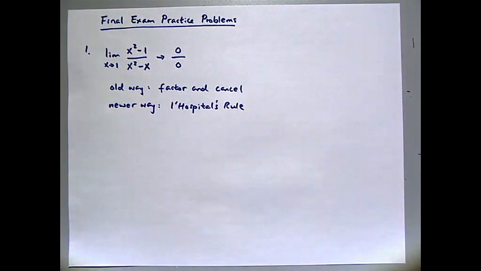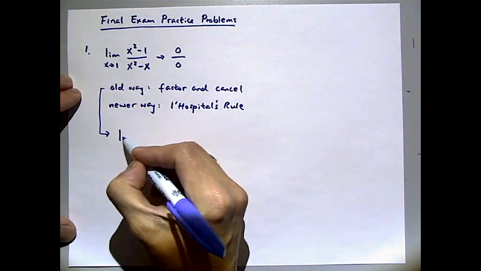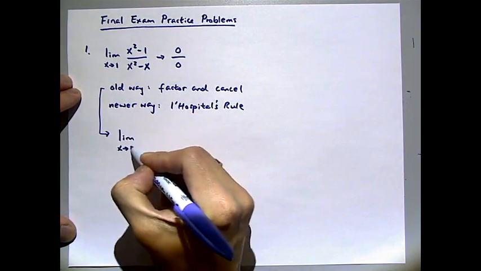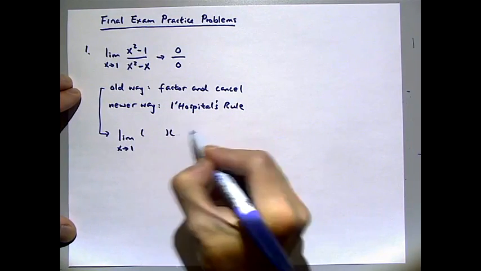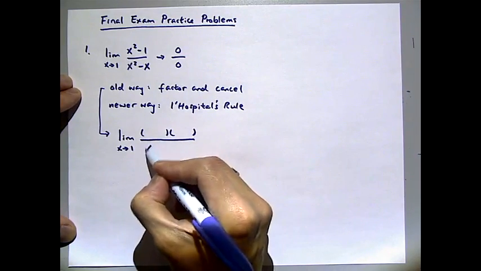All the problems that you used to do this way that had 0 over 0 or infinity over infinity could be done using L'Hopital's rule. Let's try both of them. So the old way, we've got to factor things and find out what's causing that 0 over 0.